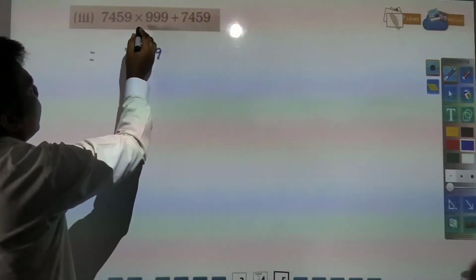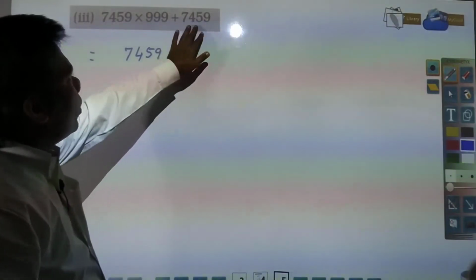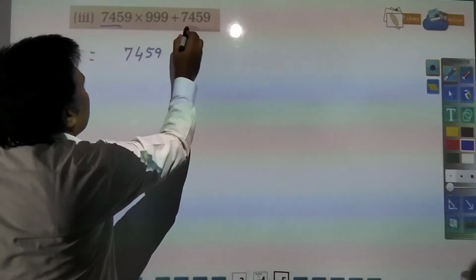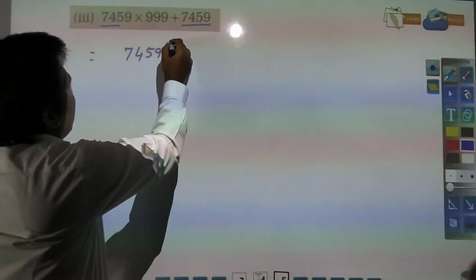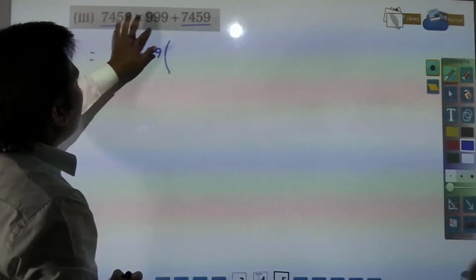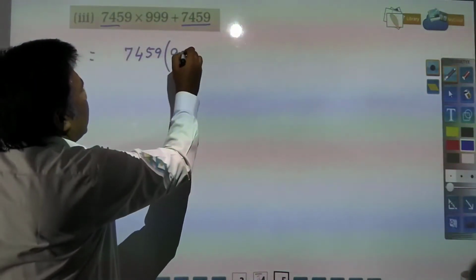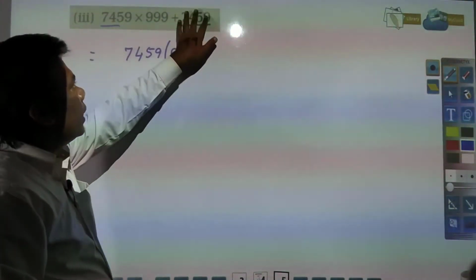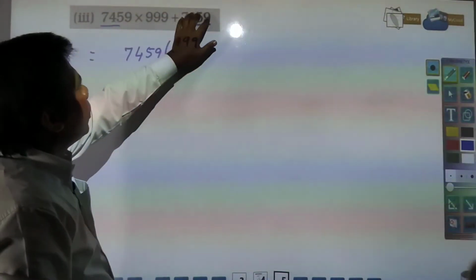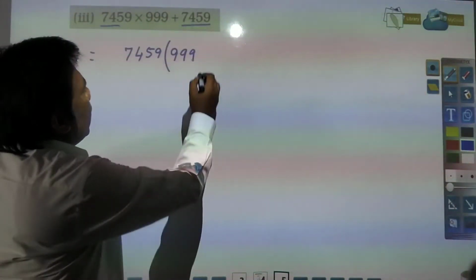If we take out common 7459, in this term you are left with 999, and here nothing you have, but 1 is there, because this you have taken out, you are left with 1.